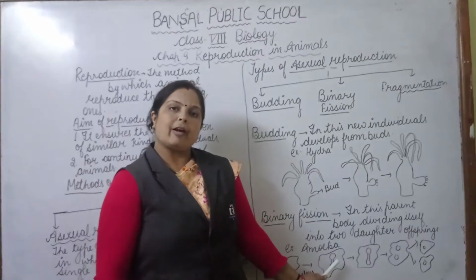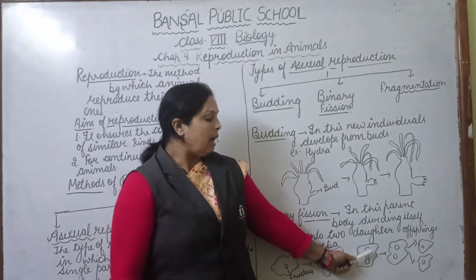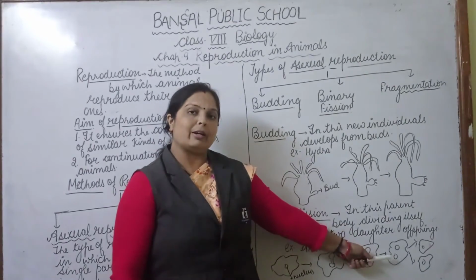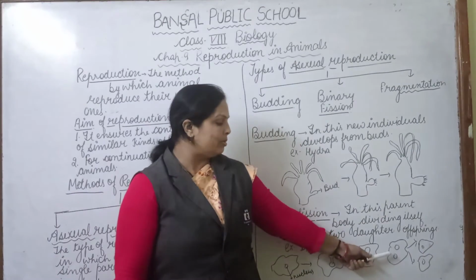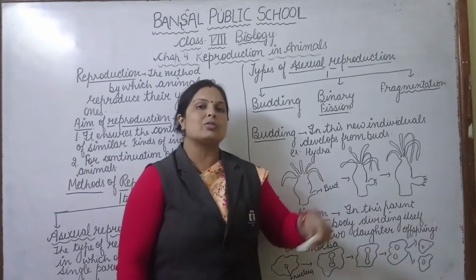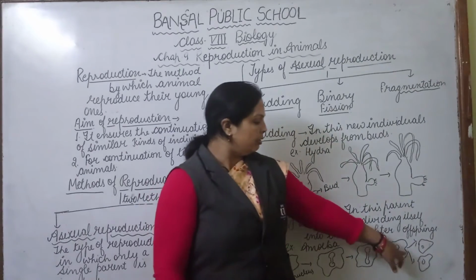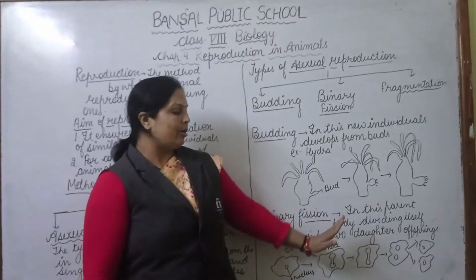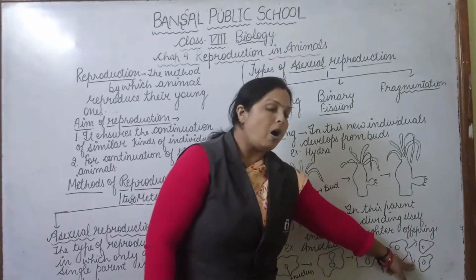Firstly, the nucleus divides into two daughter nuclei, and after completion of nuclear division it is followed by division of the cytoplasm. The cytoplasm divides into two daughter cytoplasms, and each cytoplasm part surrounds a nucleus. Clear?